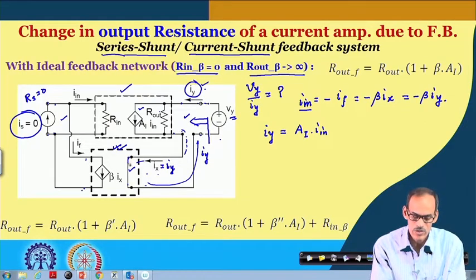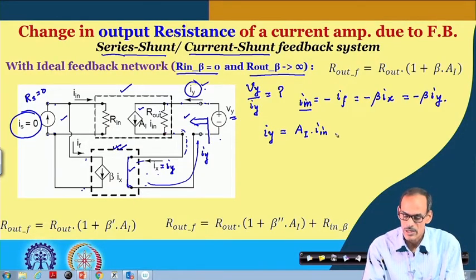Since we have a short circuit here, the entire V y appears across R out, so the corresponding current is V y divided by R out, and the expression of I in is already given here.